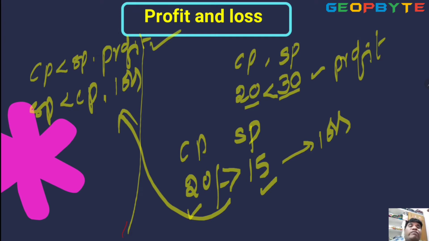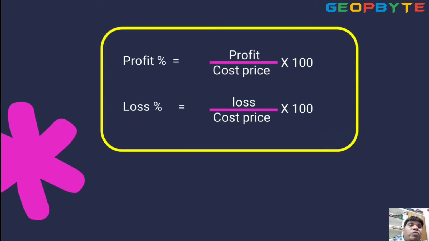First point, profit percentage and loss percentage. We are getting a profit or loss, whatever it may be. If you are getting a profit, it is compared with the cost price only.